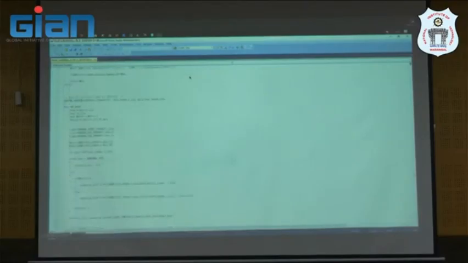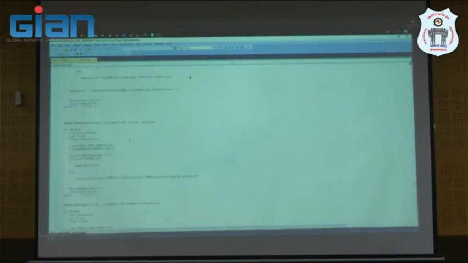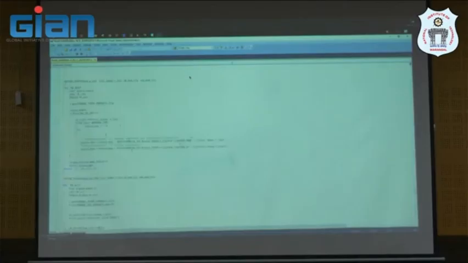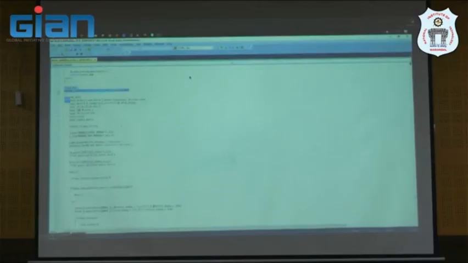Energy transfer is here, and also this one is the thermal buoyancy. And this function is used to calculate the number of nuclei.